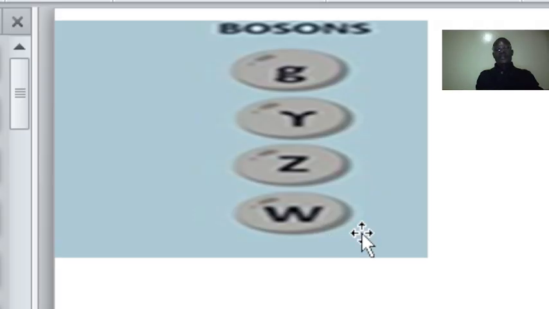Now, as you have said, the force is categorized into bosons, and they form both the weak force and the strong force. These forces play a key role in stabilizing nuclides by changing a neutron into a proton with the release of an electron.